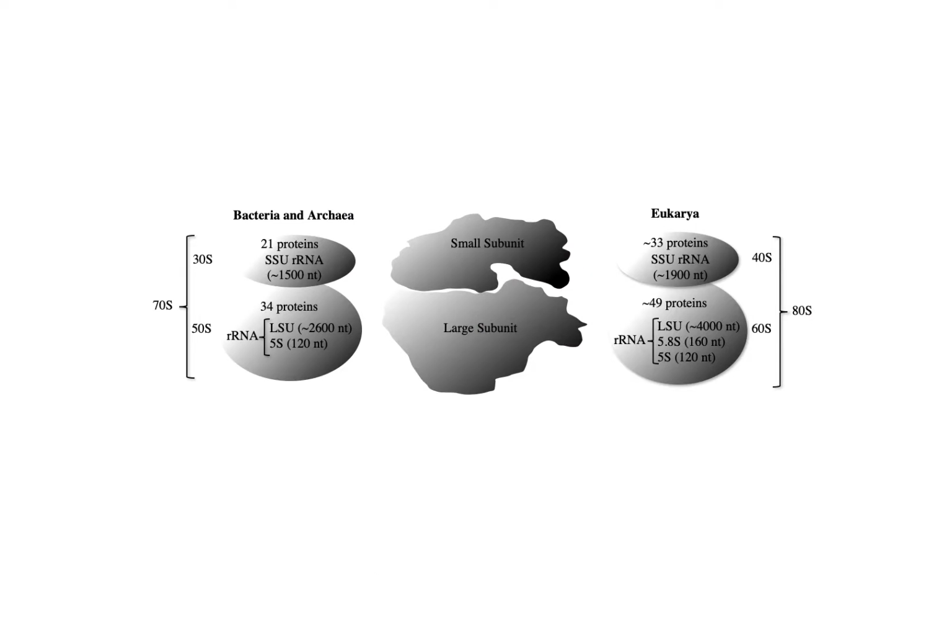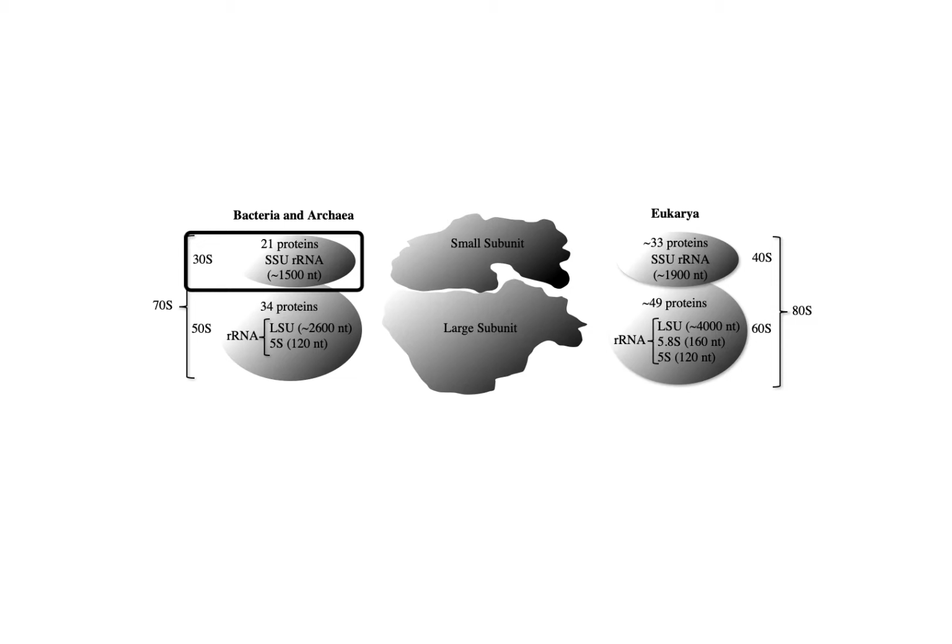So here you can see some of the differences in the complexity of a bacterial or archaeal ribosome versus a eukaryotic ribosome. The bacterial ribosome small subunit has 21 proteins and a small subunit ribosomal RNA of about 1,500 nucleotides in size.